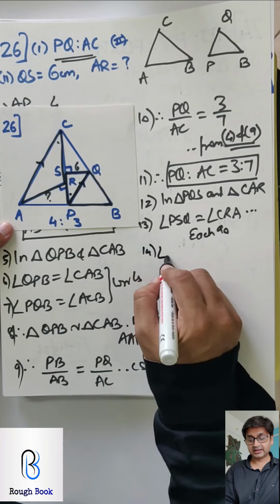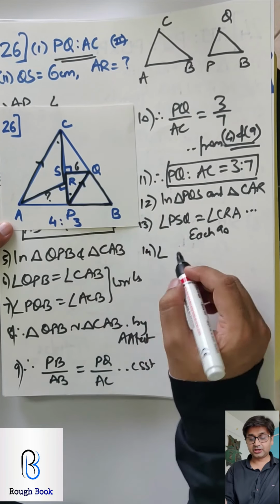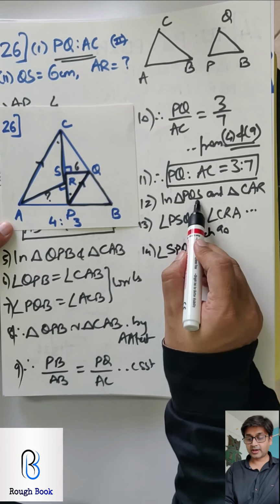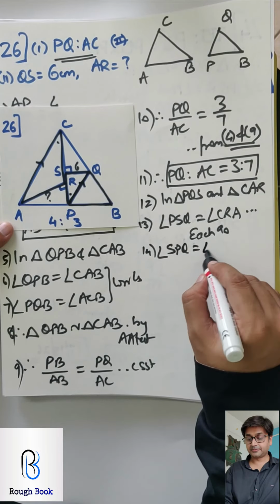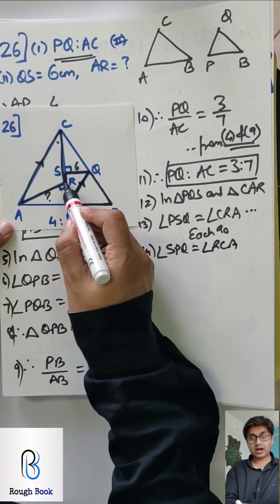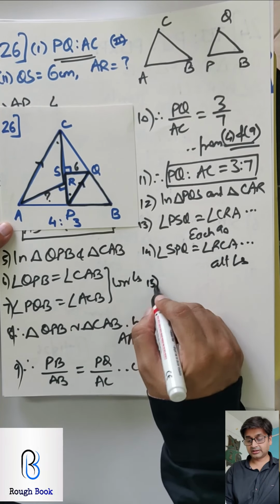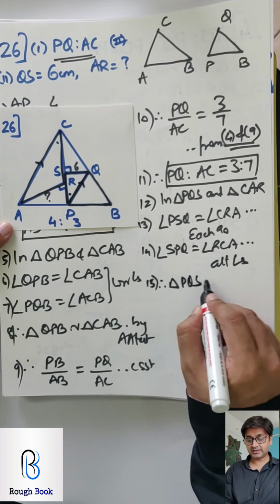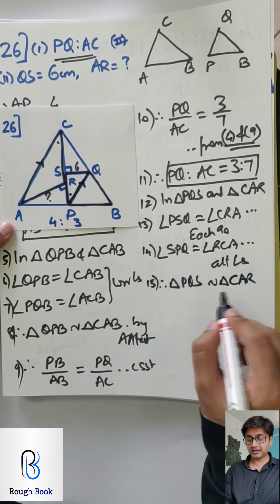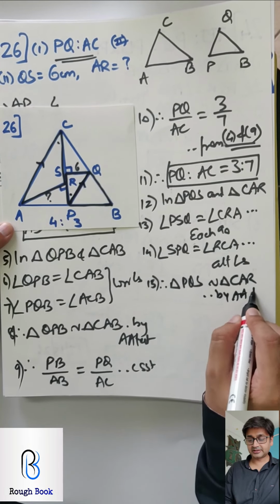Then I will say angle SPQ equals angle RCA, alternate angles, and therefore I can say triangle PQS is similar to triangle CAR by AA test.